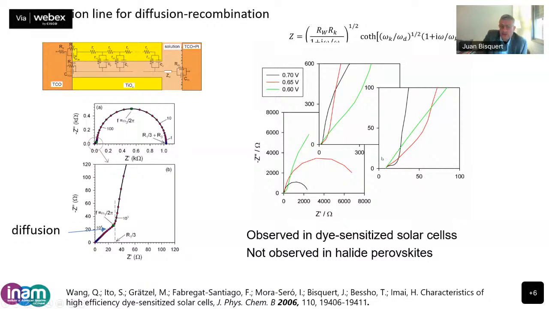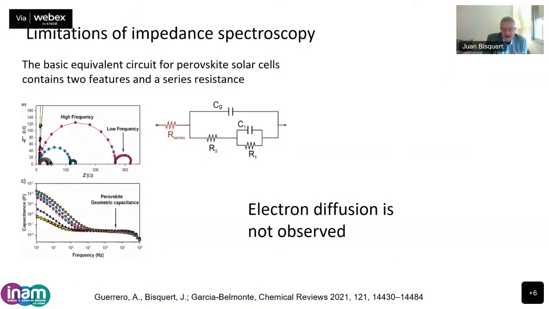So that we could characterize very well electron transport in dye-sensitized solar cells. But in the halide perovskite, this did not happen. We could not observe diffusion with impedance spectroscopy because the diffusion coefficient is much higher.